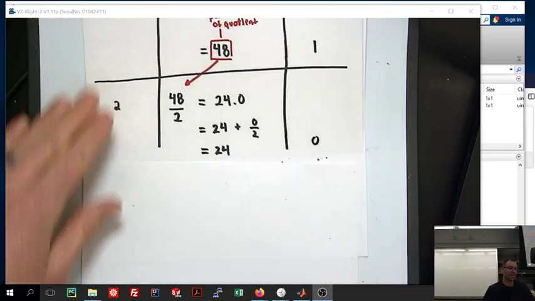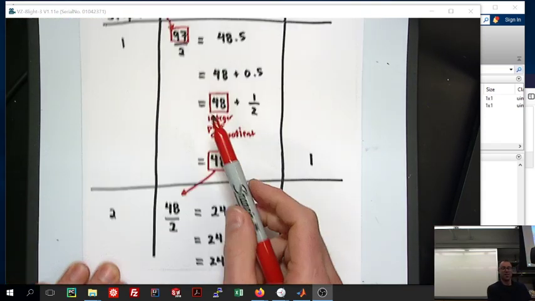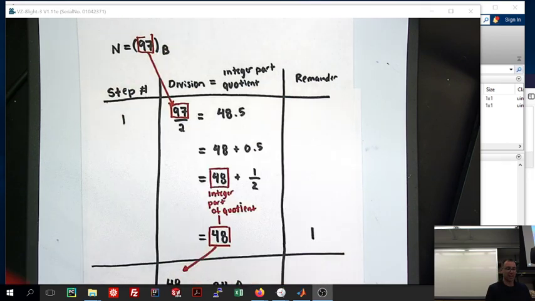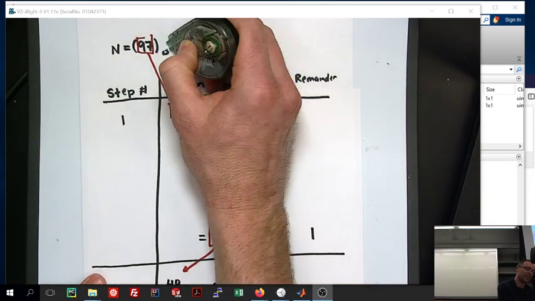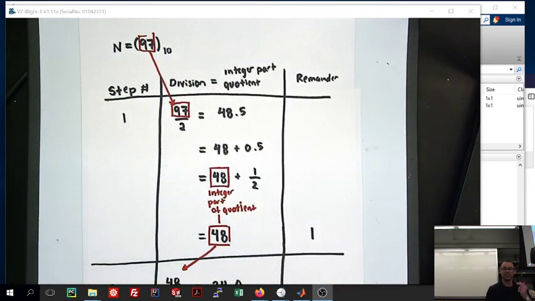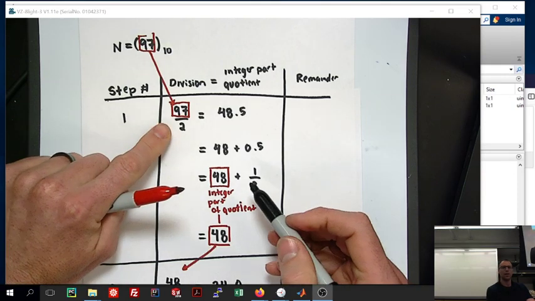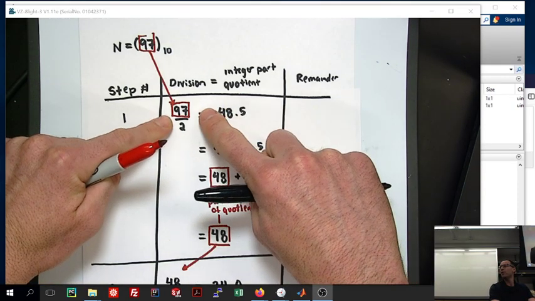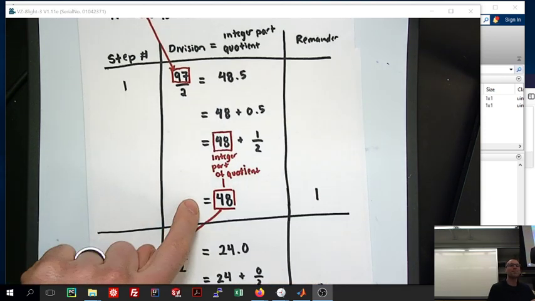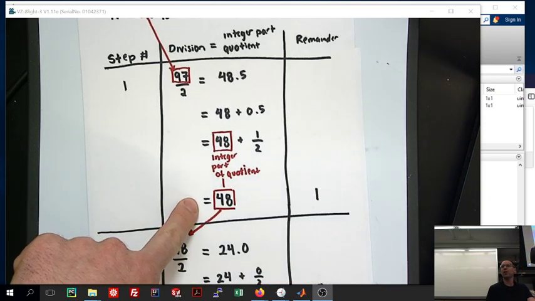Okay, so let's think about this. The 0th step was just to say that the number in base 10 that I'm looking at is 97. To start the first step, what did I do with 97? I dropped it in the numerator, divided it by 2. I was looking for an equality. What specific thing was I looking for in that equality?